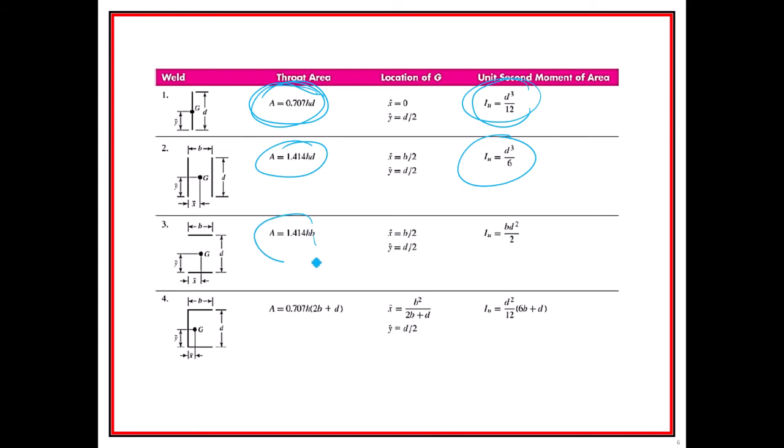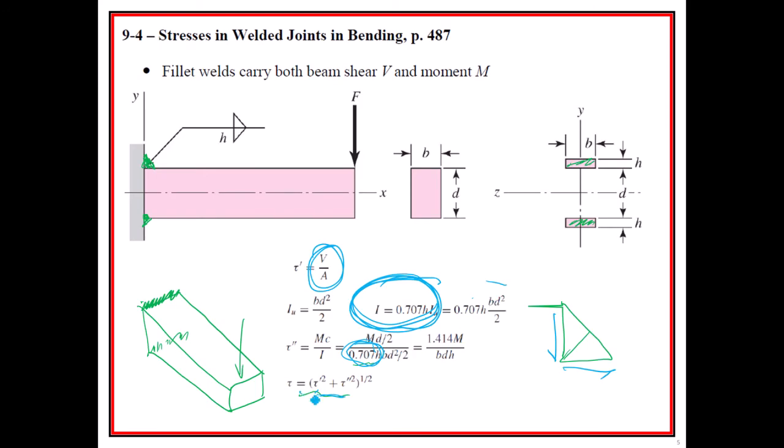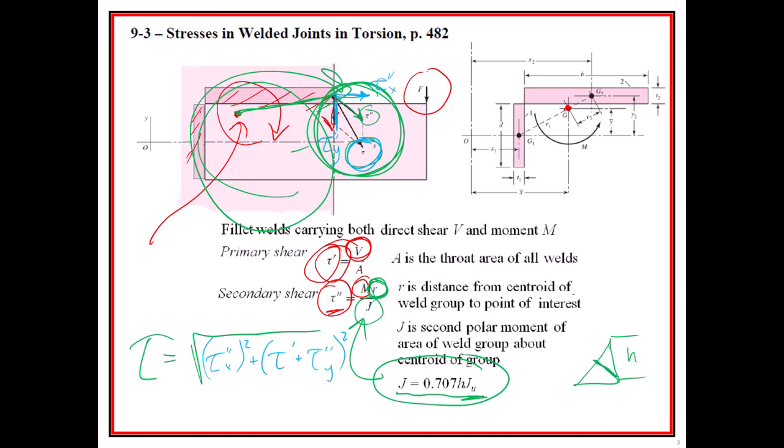So you need to go to this to find out what the individual stresses are, and then combine them together to figure out the stress. And this one is just because the tau prime is this way and the tau double prime is that way, so we don't have to do the same thing as this guy where we have to use the vector addition of the two things.